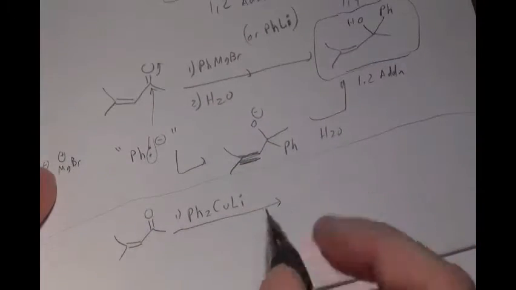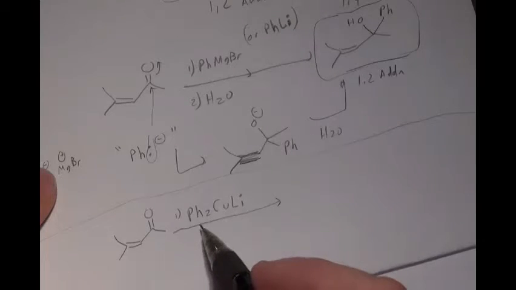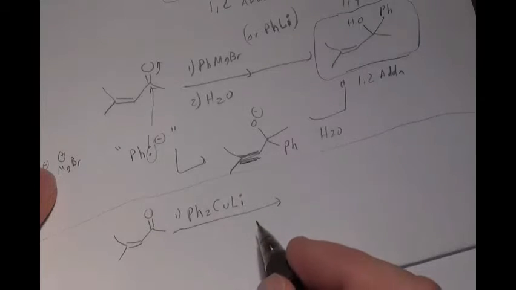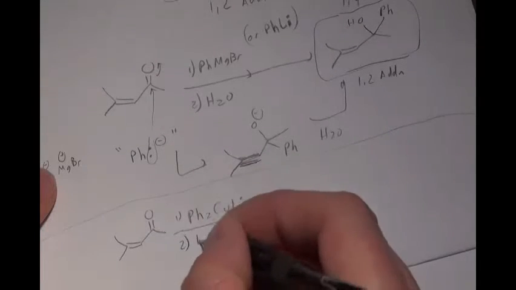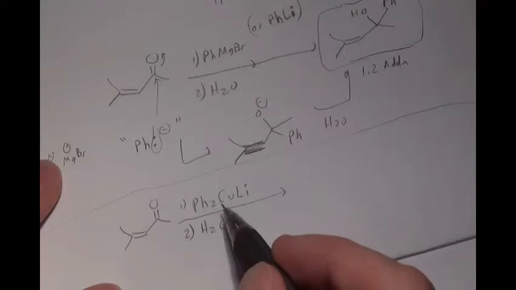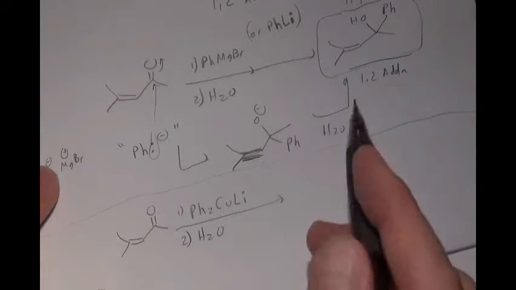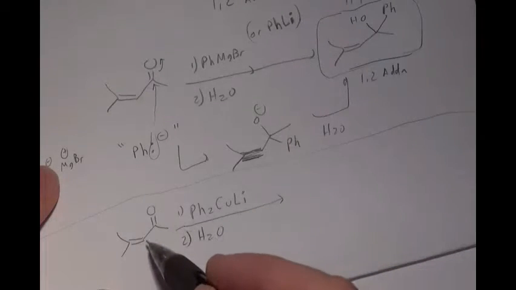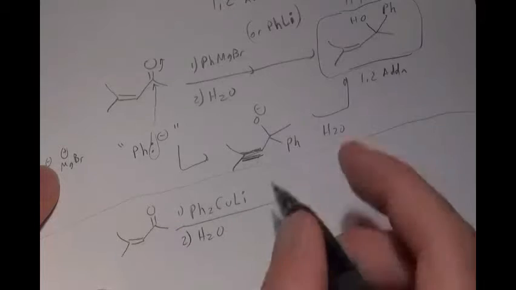It's not going to be phenyl copper lithium, it's diphenyl copper lithium. So there are 2 phenyls on a copper, and there's a lithium. Okay? And add a water step. And what do we say? Is it a 1,2 addition or 1,4 addition? Grignards are 1,2. Cuprates are 1,4, so they're just going to attack at the 4 position.